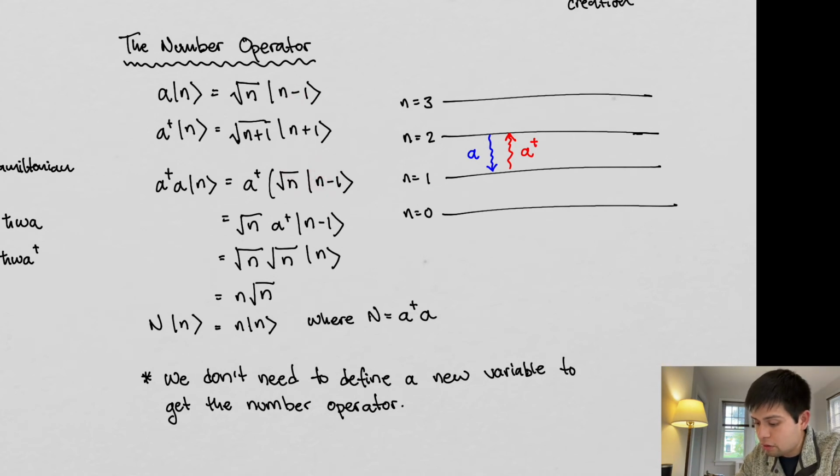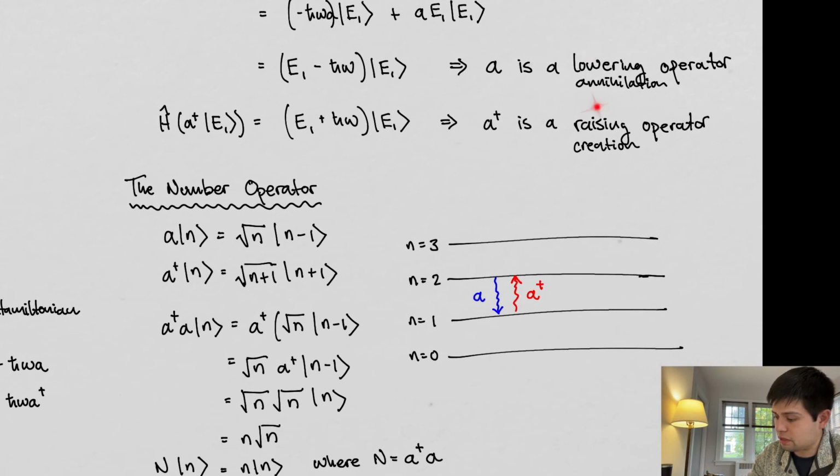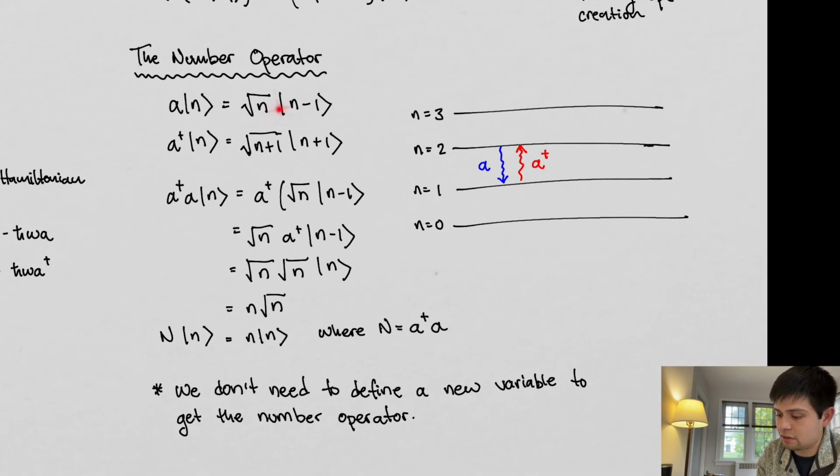Then we act with a dagger. When we act with a dagger, we're raising back up. We call a the lowering operator, because we said it right here, so let's say this lowers n to n minus 1. If we're acting on n minus 1 with the creation operator, we're going back up to n.